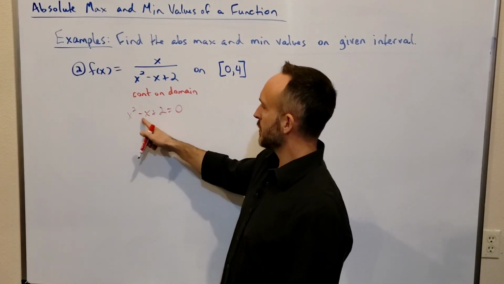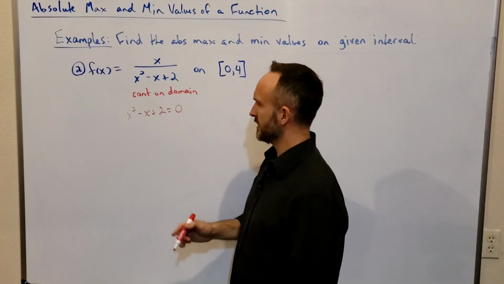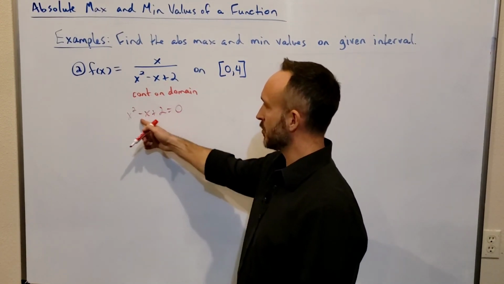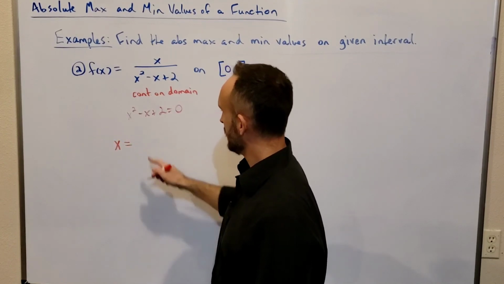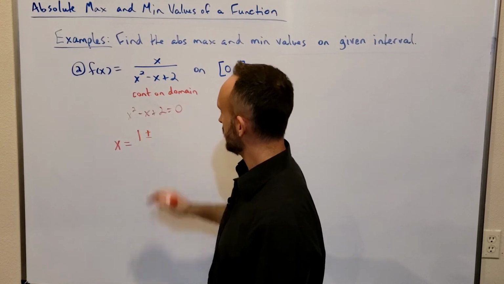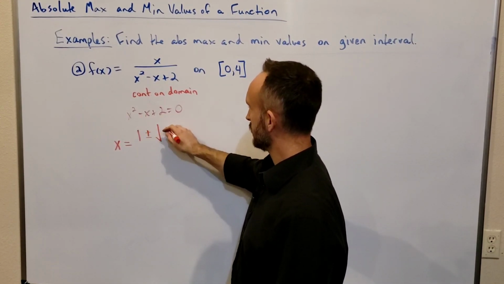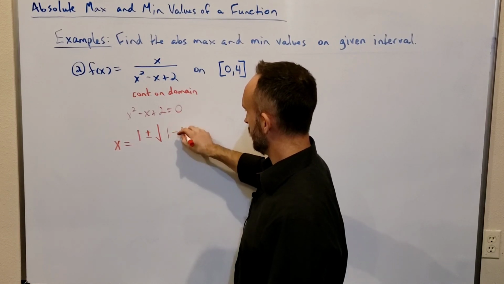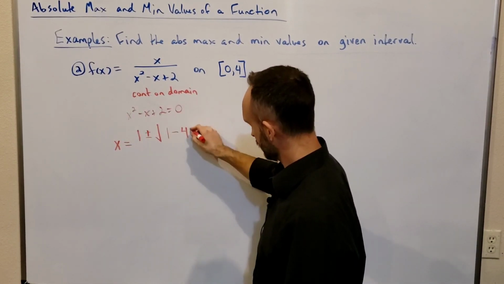So x squared minus x plus 2 doesn't factor in the traditional sense, but we could solve this quadratic equation using the quadratic formula. So we get x equals negative b, which is positive 1, plus or minus the square root of b squared, which is 1, minus 4 times AC. AC is 2.